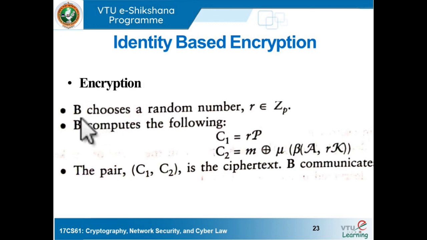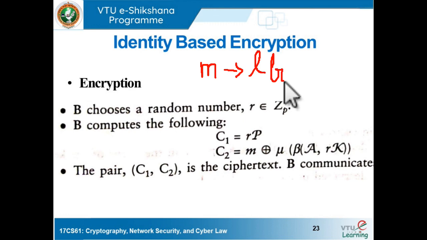Now how does this happen? For this, let's say M is the message that Bob wishes to send to Alice in an encrypted form, and this M is of length L bits.